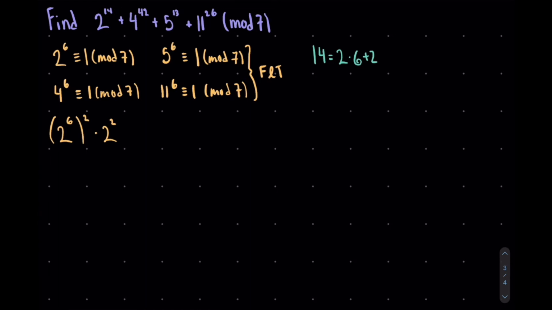We have 42 is equal to 7 times 6. We have that 13 is 2 times 6 plus 1, and finally 26 is 4 times 6 plus 2.